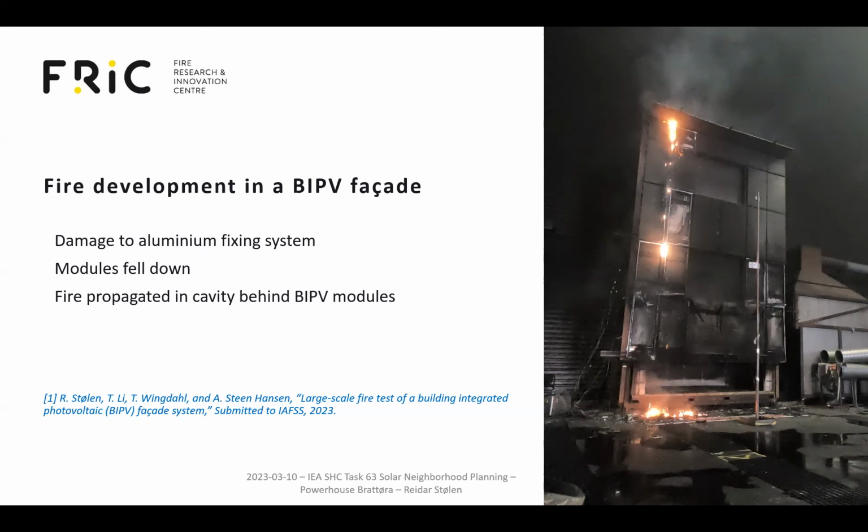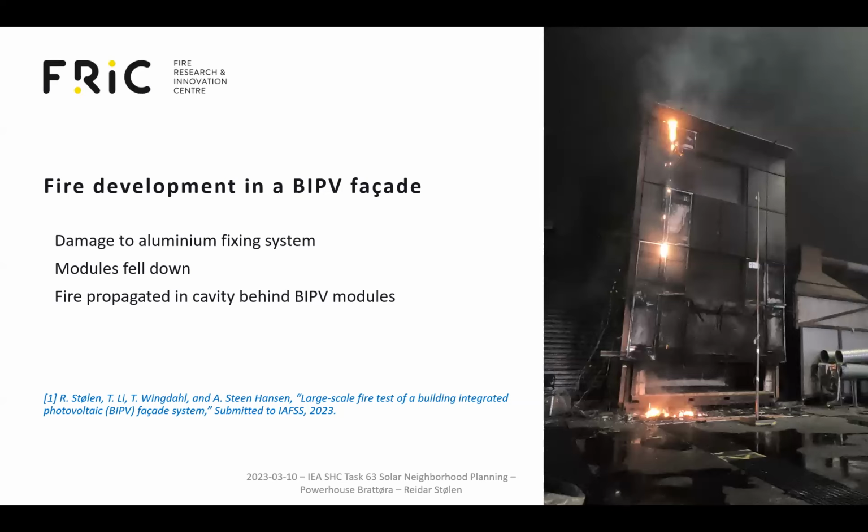And we also saw fire propagation upwards in the cavity between the building surface and the PV modules. Basically, the fire propagated in the polymer backsheets of the modules and propagated upwards, causing also several other modules to fall down on one side of the facade.